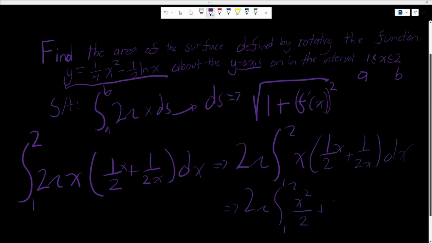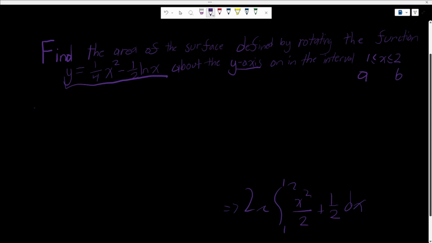And then let's write this out just so we can see it: we'll have x over 2x, and those x's will cancel, so we're left with 1/2 dx. Something I noticed right now is we could take out our half, since both of these have a 1/2. If we factor that out, we can get rid of this 2 right here as well. So we'll have 2π times the 1/2 that we pulled out, going from 1 to 2, of x² + 1 dx.